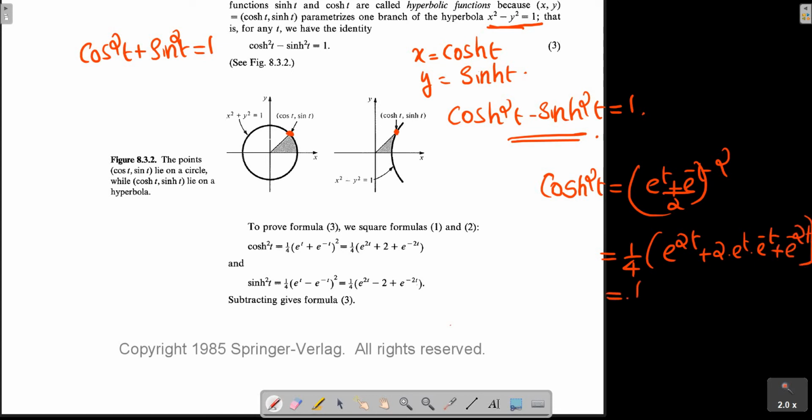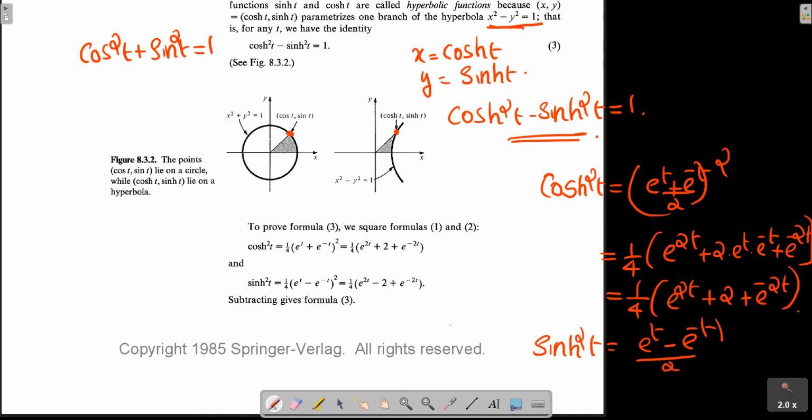And this is equal to 1 by 4 into (e raised to 2t plus 2 plus e raised to minus 2t). Similarly, sinh square t is equal to (e raised to t minus e raised to minus t divided by 2) whole square, which is same as 1 by 4 into (e raised to 2t minus 2 plus e raised to minus 2t).